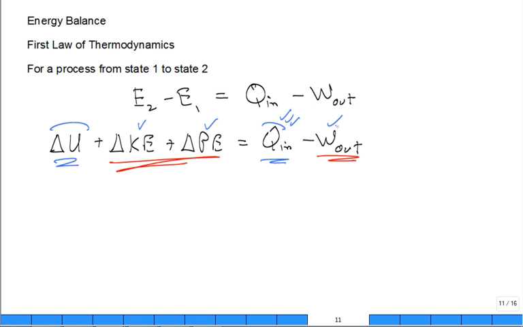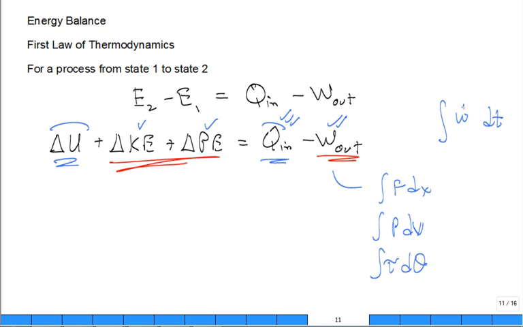Work, we can do a pretty good job of either calculating it from the energy balance or going back to the integral of F dx, the integral of P dV, or the integral of tau d theta. Or even the electrical, the integral with respect to time of W dot electrical. There's a couple ways to get the work, but not that many ways to get the heat transfer.